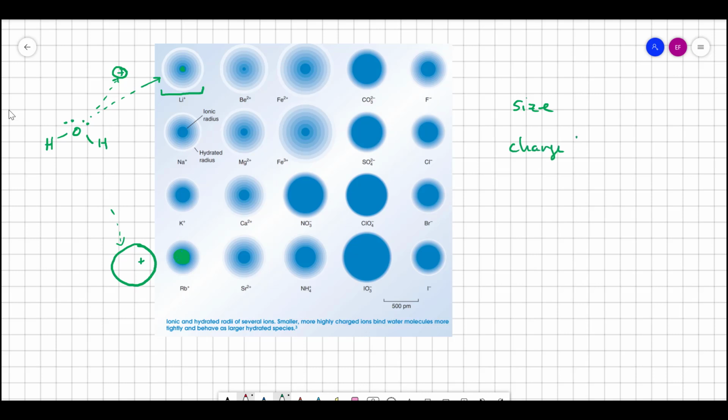Of course, the greater the charge, the greater the attraction to something like a water molecule. So things that have greater charges, like iron 3 plus, have this very large hydration sphere, much larger than iron 2 plus, simply because now you have more charge distributed over the same size. It's a very similar argument. And of course, as the size goes down, the propensity to attract water, a hydration sphere, or other ions also increases.